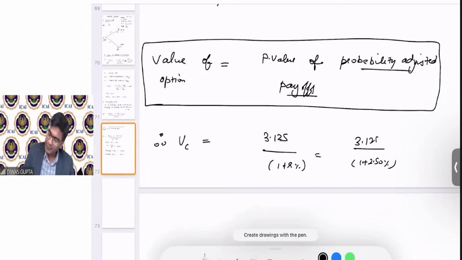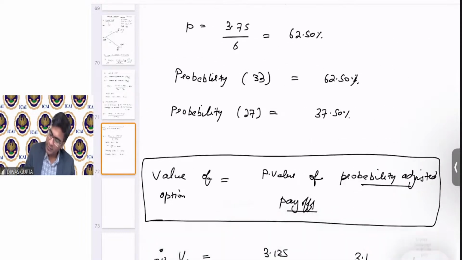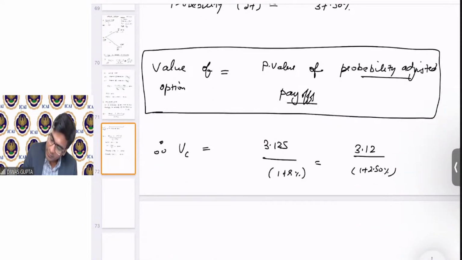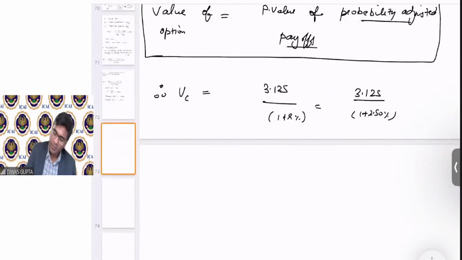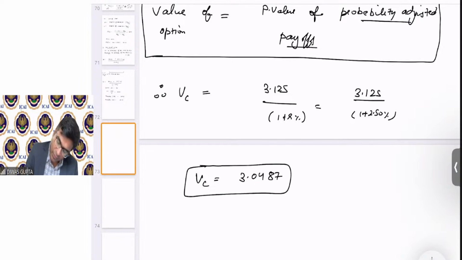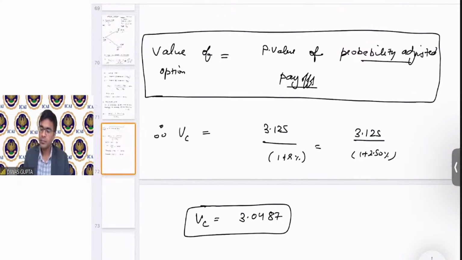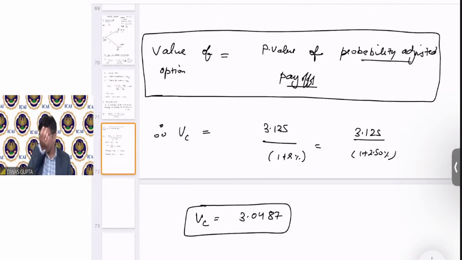Correct, students? I hope this is clear. So the value of call option is 3.0487.